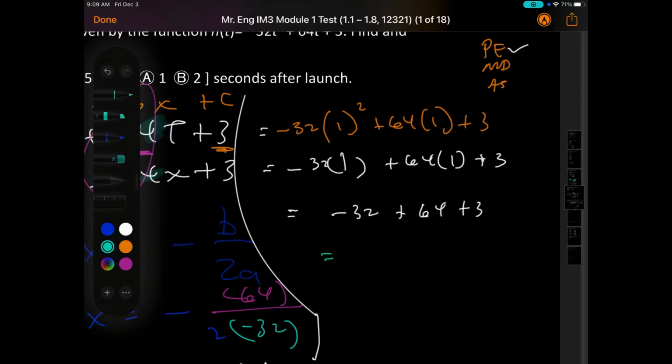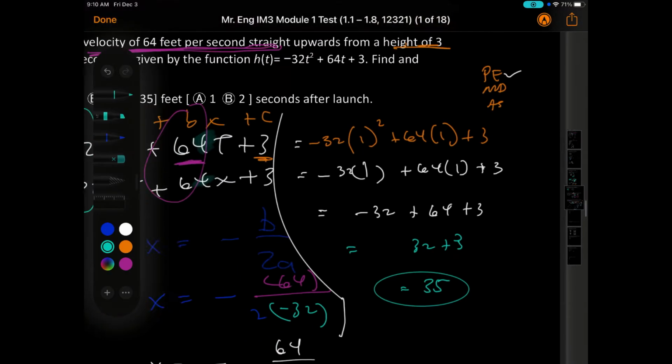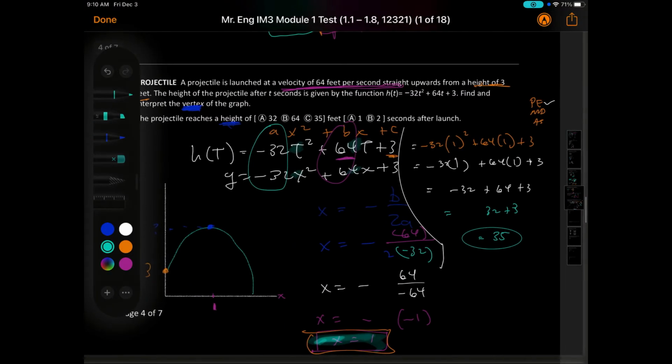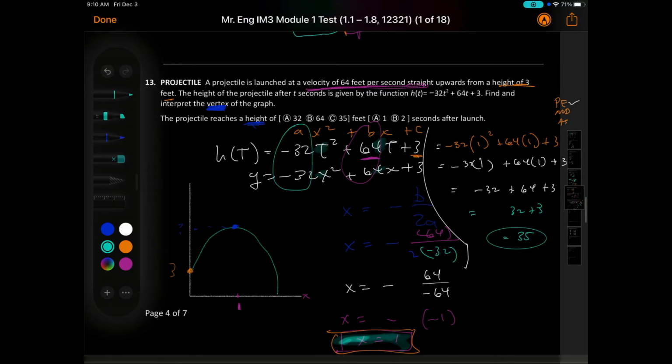That'll be 32 plus 3, so that would be 35 is our answer. So the height will be 35 after 1 second. We'll check our answer here, and that's correct. Let's go on to the next problem.